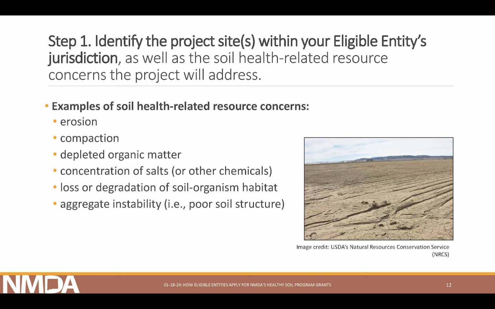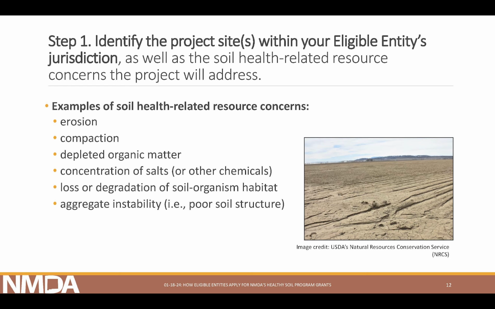Once you've selected a project site, you want to start looking at those resource concerns. And the resource concerns that are present on some of the lands, it's always good to have a second set of eyes looking at those resource concerns. And so we highly encourage SWCDs, acequias, land grants, New Mexico State Cooperative Extension Service, Pueblos, tribes, or nations to get with your local NRCS office.